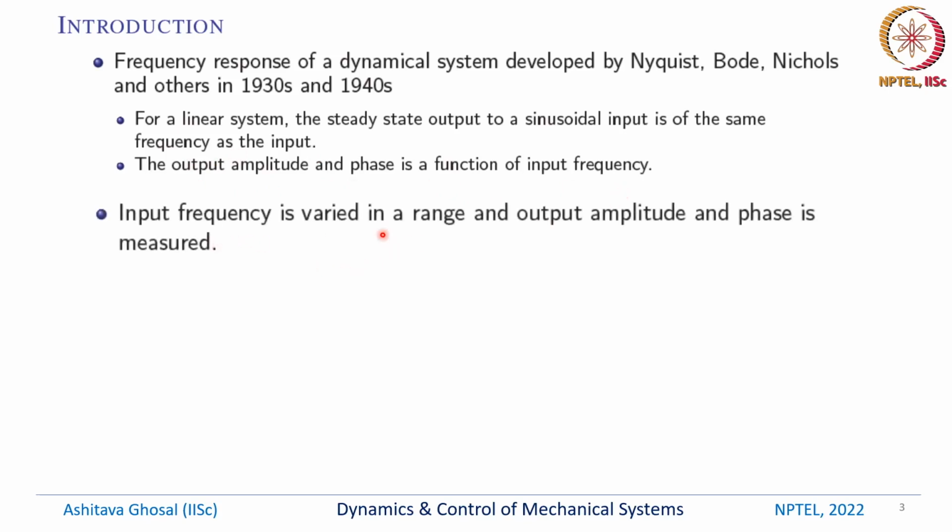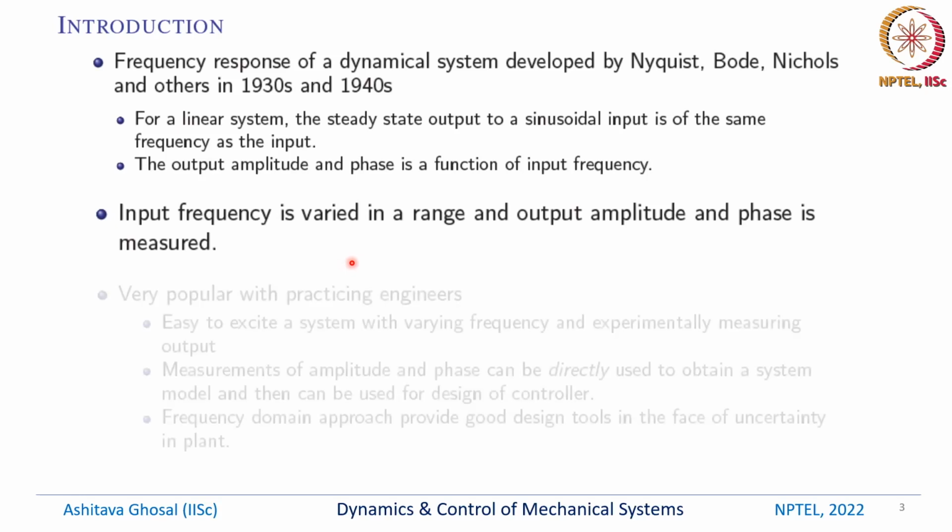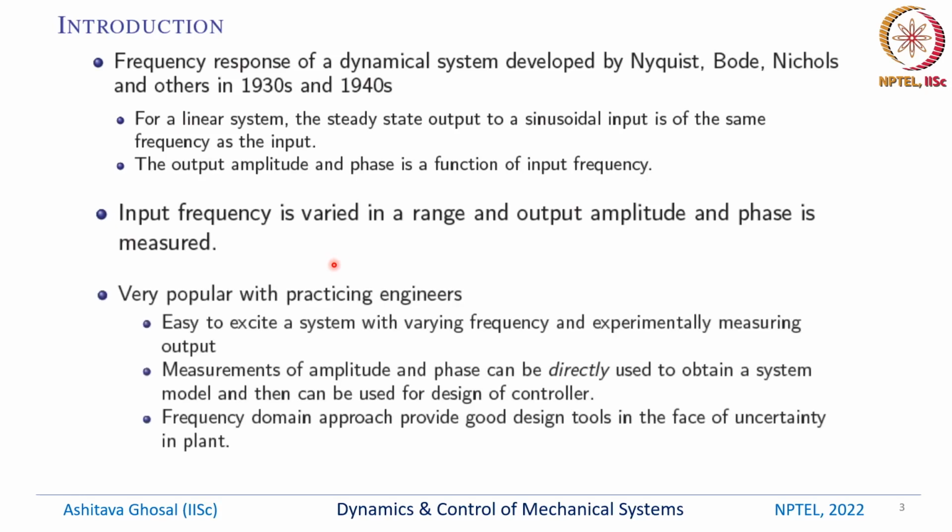The input frequency can be varied in a range, and the output amplitude and phase is measured in this frequency domain approach. It is very popular with practicing engineers because it is very easy to excite a system with varying frequencies and experimentally measure the output.